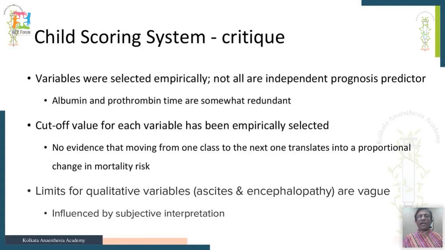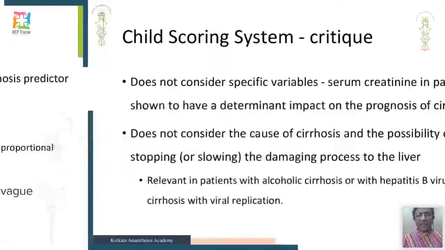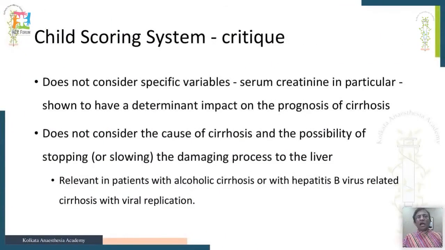Things like albumin and prothrombin time are looking at the same kind of thing, so both together are redundant. The cutoff value for each variable has again been empirically selected, and the translation into 1, 2, and 3 is not well defined. The qualitative variables like ascites and encephalopathy are left completely to the clinician, and subjective interpretation becomes very important.